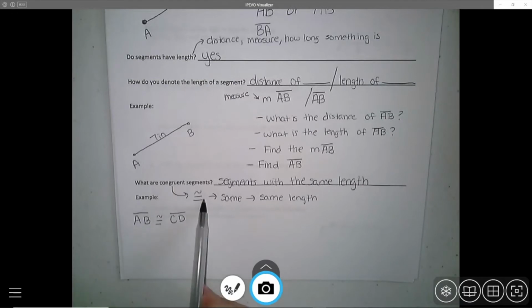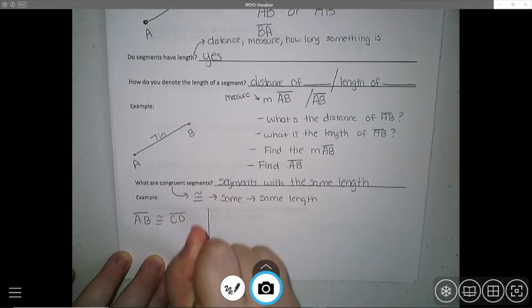Okay, remember this is that same symbol up there. Anytime you see that congruent symbol in between pieces of information, whether they're segments, we'll talk about it here with angles and so forth, it means they are the same exact thing. They're the same length. They're the same everything.